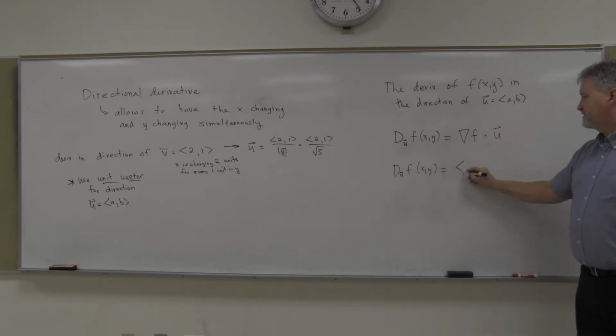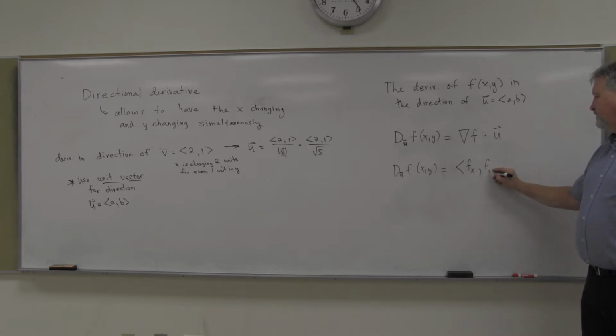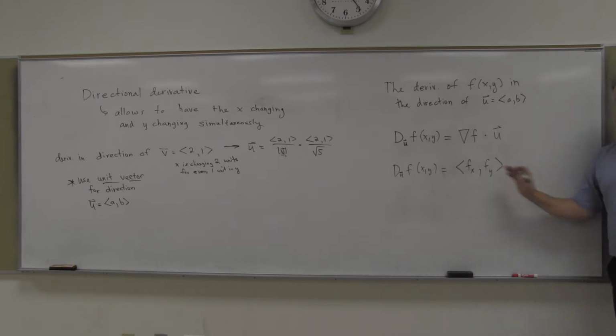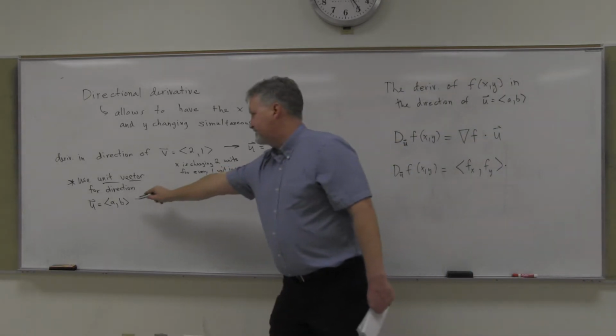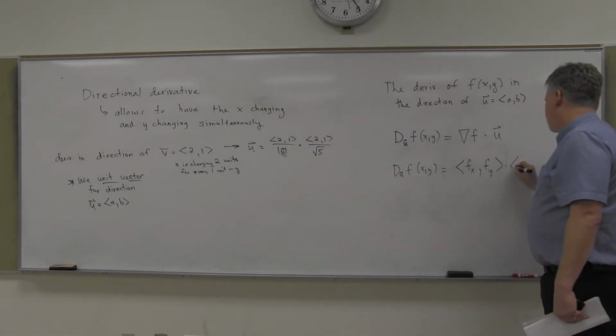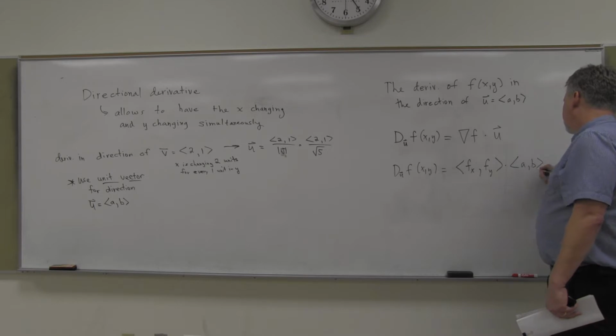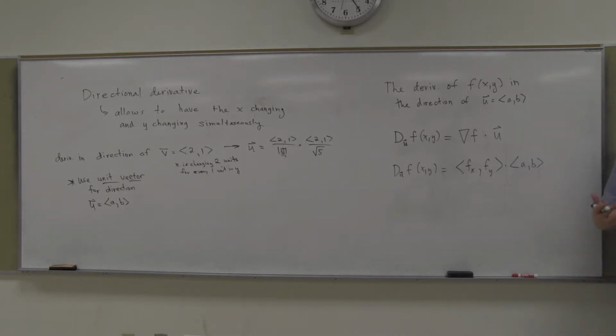Well, that's just this vector where we put the partial derivatives as the components. And then of course u, like I said, we're going to use a, b as its components. So when we get to the nitty-gritty, we're just going to be dotting those two vectors.